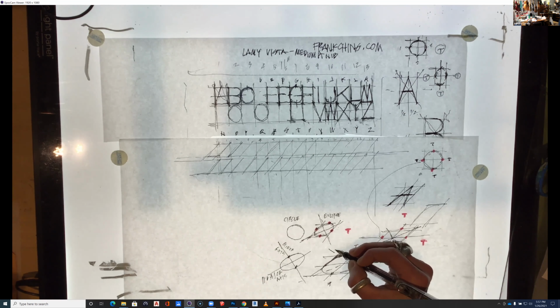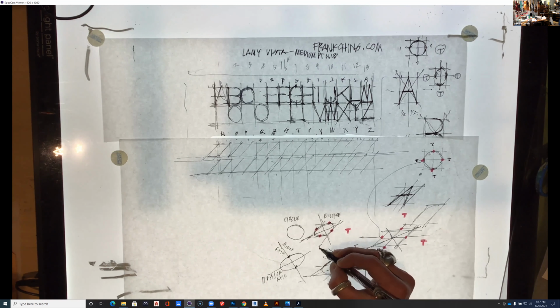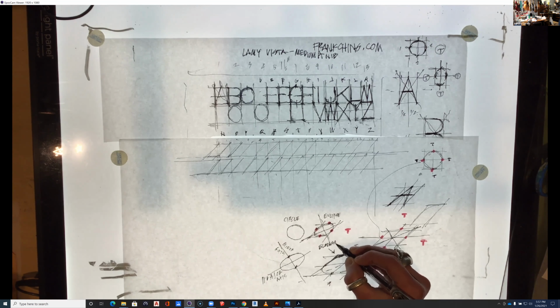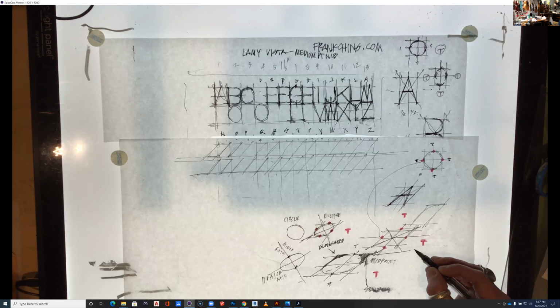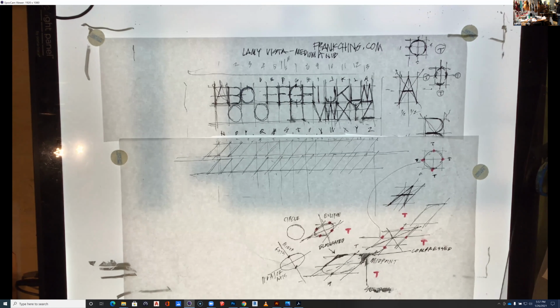And here, the curve gets elongated. And here, it's compressed. And the reverse happens on the bottom. That curve is elongated.